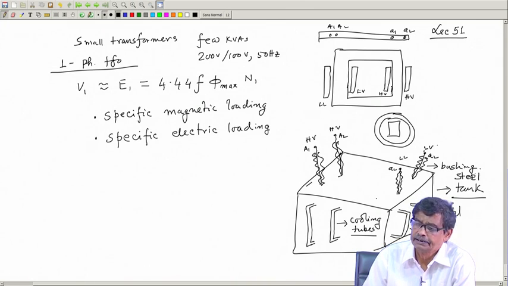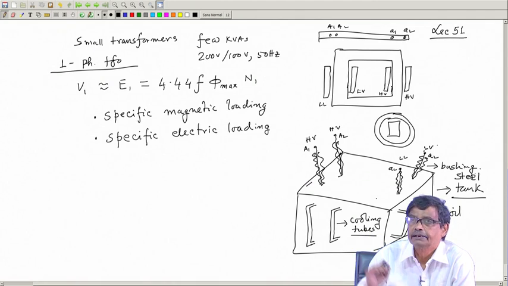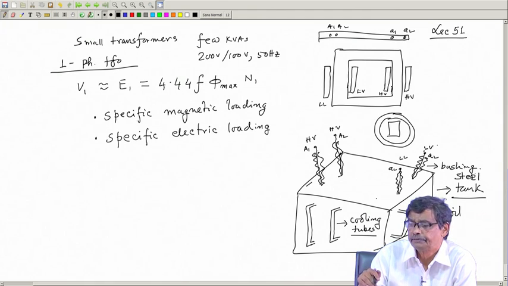Then you will see temperature will grow and after a certain time the temperature will attain a constant value. Okay. What is the constant value to which the transformer will attain?